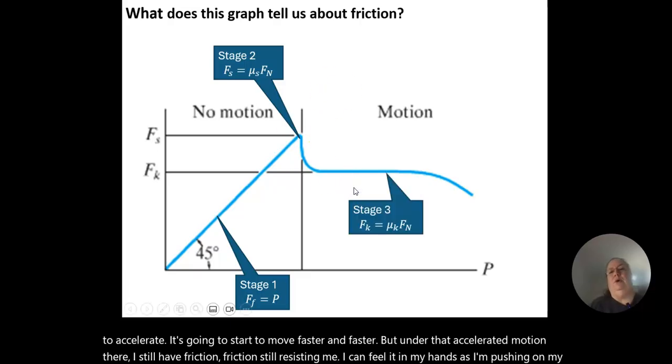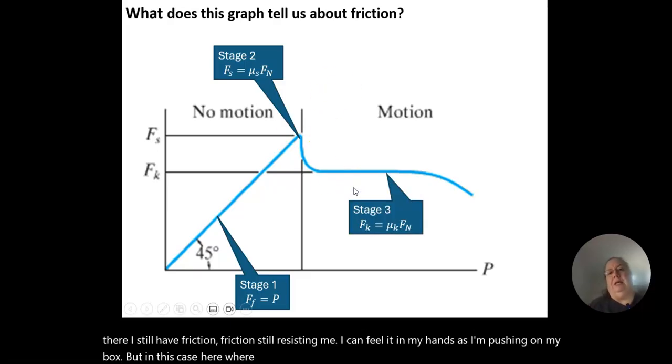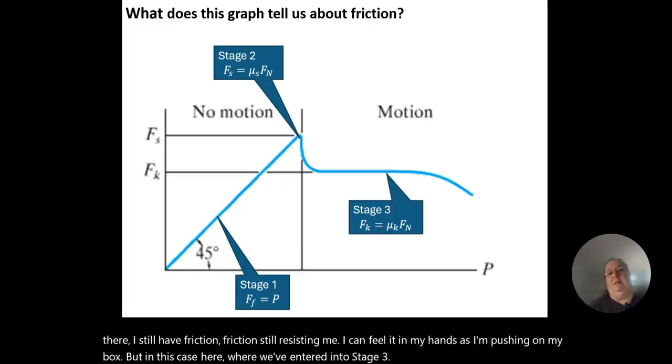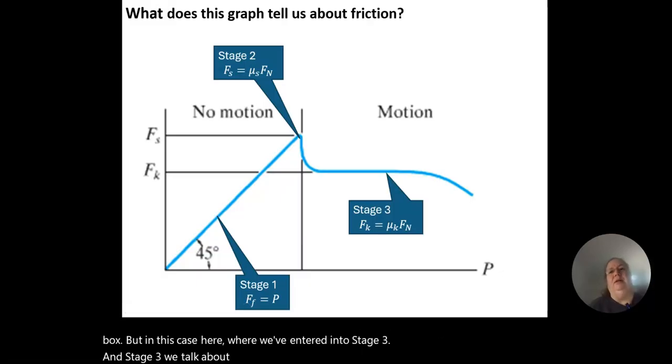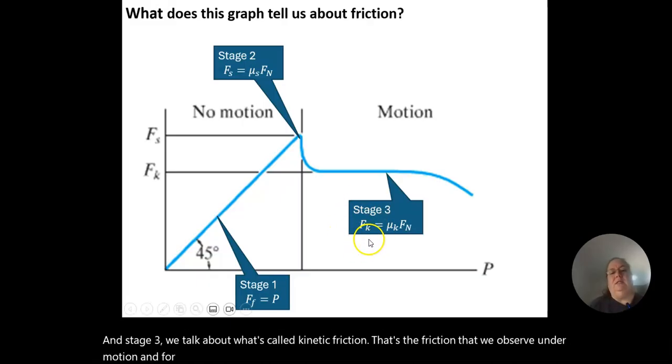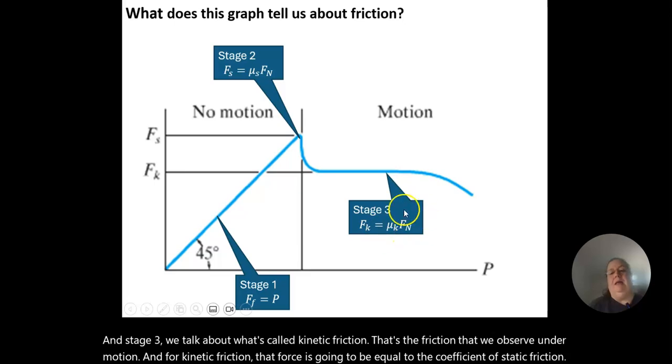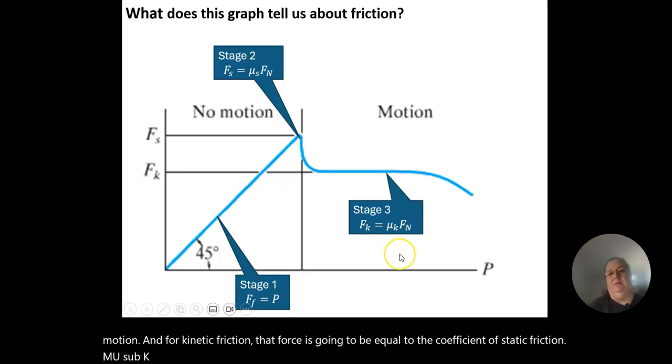In stage 3, we talk about what's called kinetic friction. That's the friction that we observe under motion. And for kinetic friction, that force is going to be equal to the coefficient of kinetic friction, mu sub k, multiplied by the amount of normal force that's present.